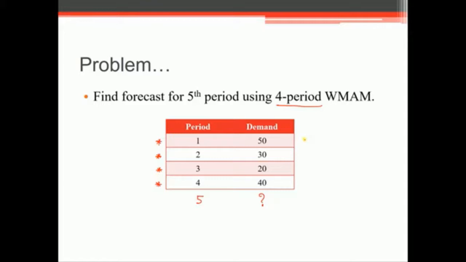Now I will be writing 1, 2, 3 and 4. Why have I written it like this? Because the latest data should be given more weight, but you should be cautious that the summation of these should be 1. If I add these, 2 plus 1 is 3, 3 plus 3 is 6, 6 plus 4 is 10, which is not making 1.